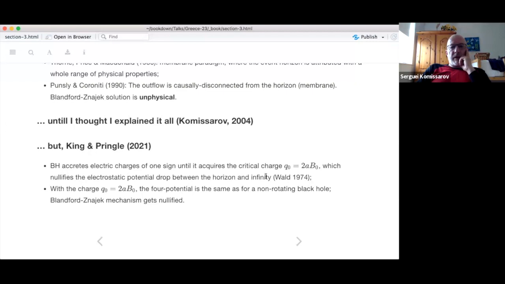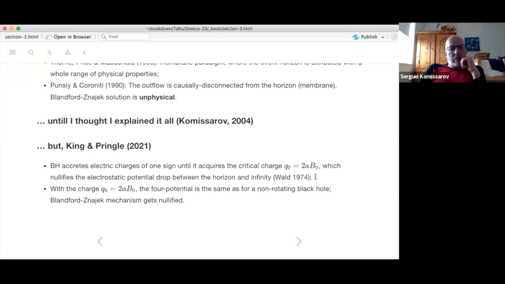First of all, they looked carefully at the paper by Wald. Wald argues that black holes, initially uncharged, in his configuration, where the black hole is placed in a uniform magnetic field aligned with the rotational axis, should attract an electric charge of one particular sign, and they will keep attracting it until this nullifies the electrostatic potential drop between the horizon and infinity.